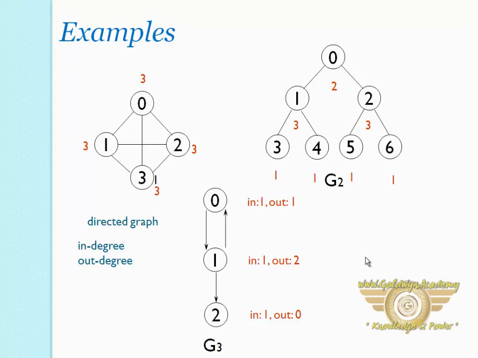The third graph G3 is a directed graph. The in-degree of 0 is 1, the in-degree of 1 is 1, the in-degree of 2 is 1. The out-degree of 0 is 1, the out-degree of 1 is 2 and the out-degree of 2 is 0.